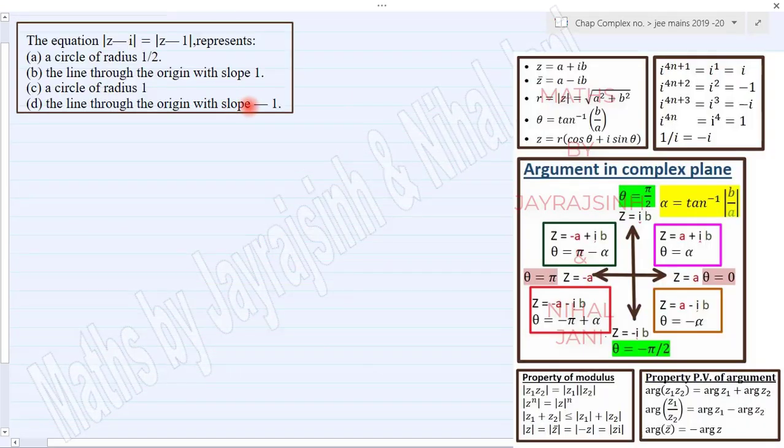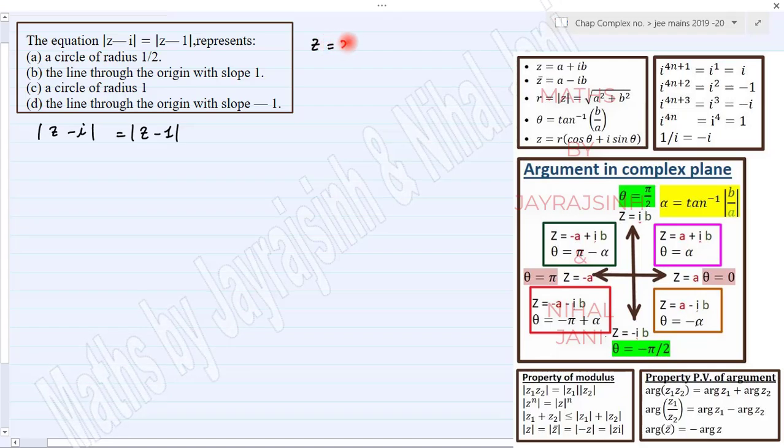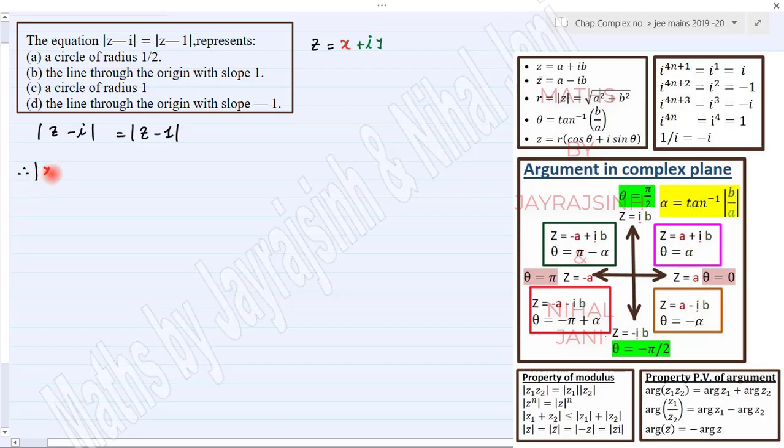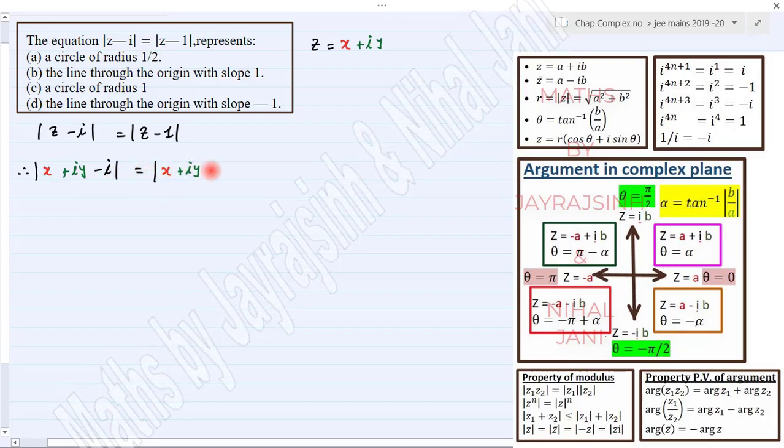Here we have one equation, mod z minus i is equal to mod z minus 1, and we must represent it with a curve. Now, to get the well-known form of the curve, we just have to substitute z is equal to x plus iy. So here we'll get mod x plus iy minus i is equal to mod x plus iy minus 1.